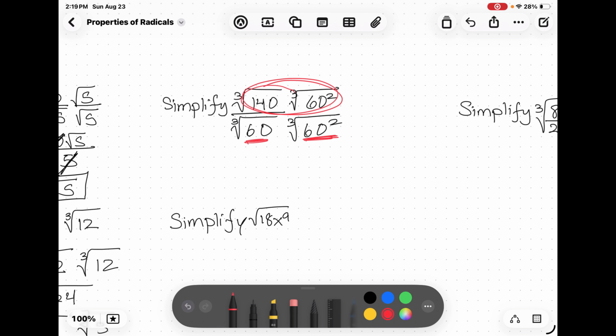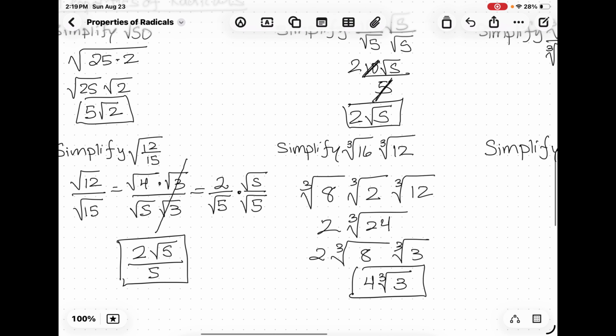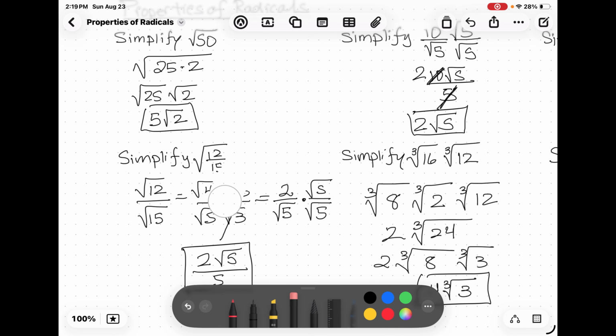Perfectly reasonable approach, but I think I've got something better. Remember back here, we had that little trick, right? This little trick here. Yeah? Rad 3 over rad 3. Let's look for some of those.